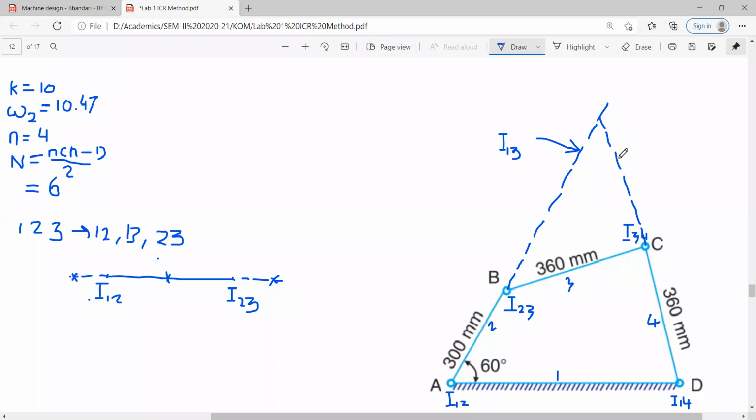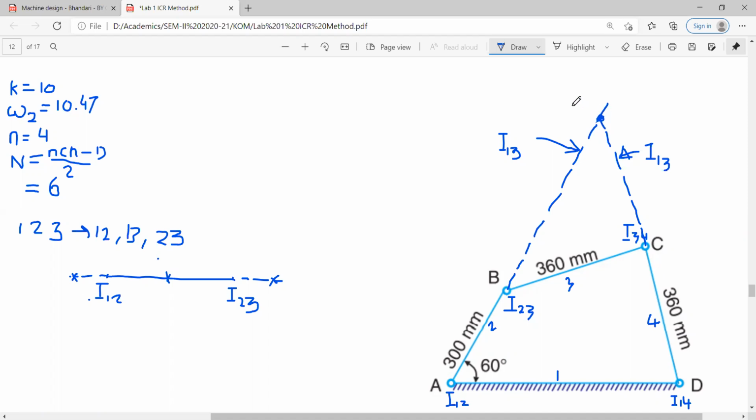I know that on this line I am finding the I13. I have drawn or extended this line in order to find the ICR I13. So this line is also in search of I13. So there will be one common point, that is nothing but the point of intersection of these two lines, which will satisfy the condition of being on this line also and on this line also.